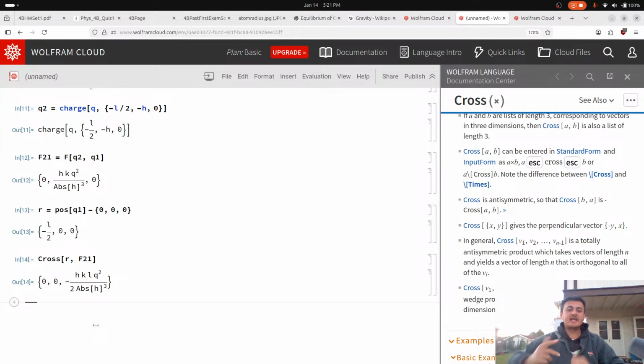So it's negative. Hold on, let's think about it, because I'm going like this and this. So the torque is going negative into the screen.